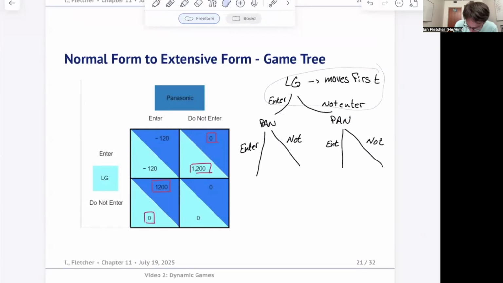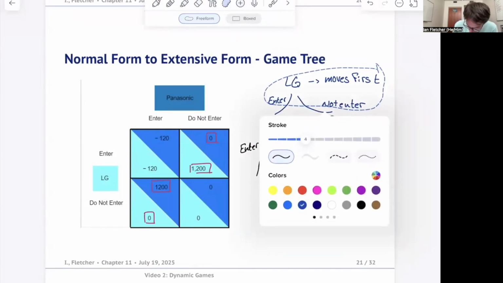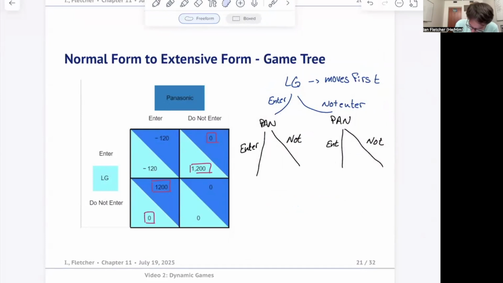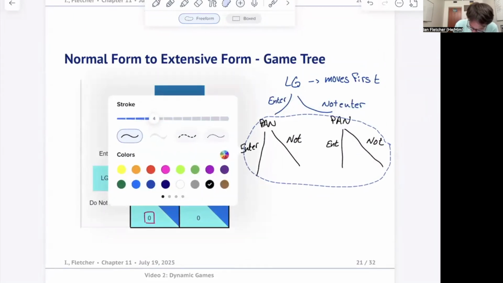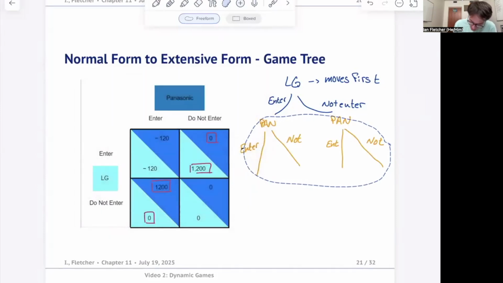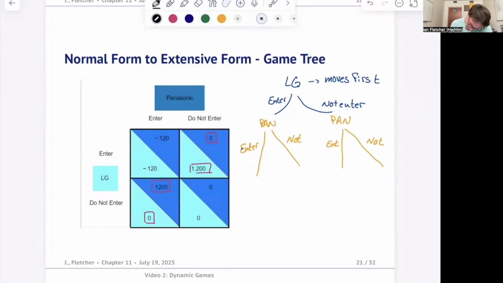I guess we could make these different colors if we wanted to. That way we can see the payoffs a little bit better. So for each of these potential branches, we have potential outcomes.